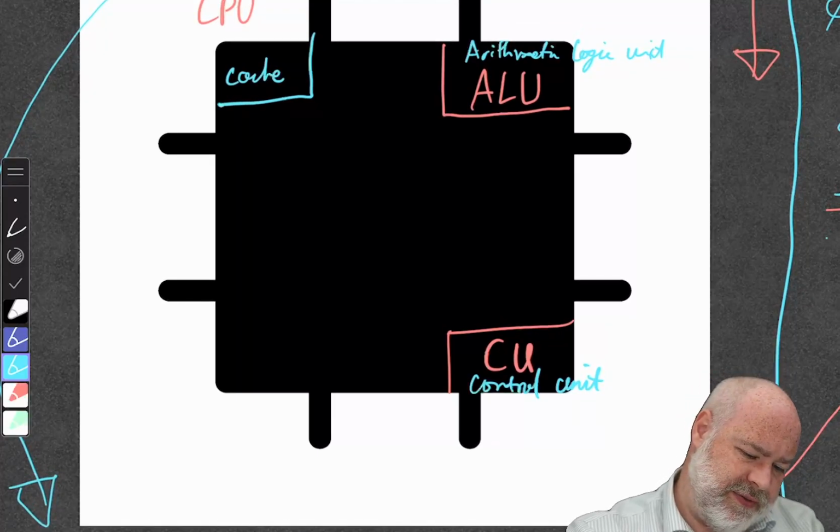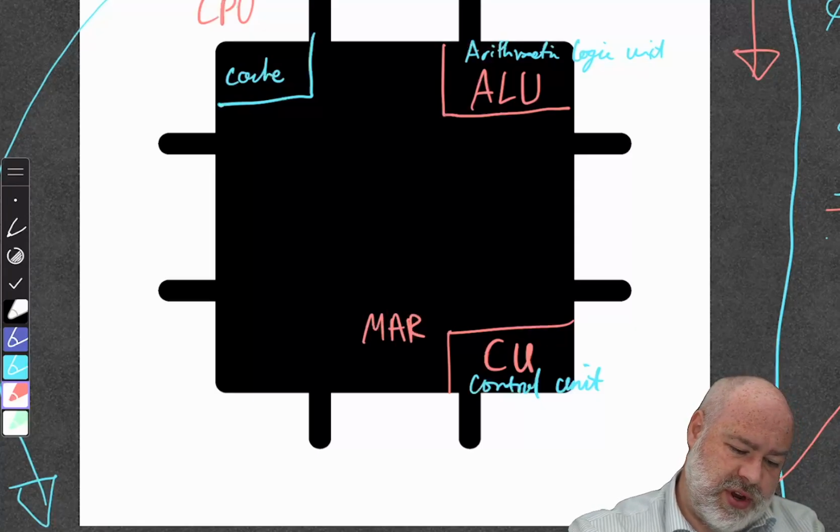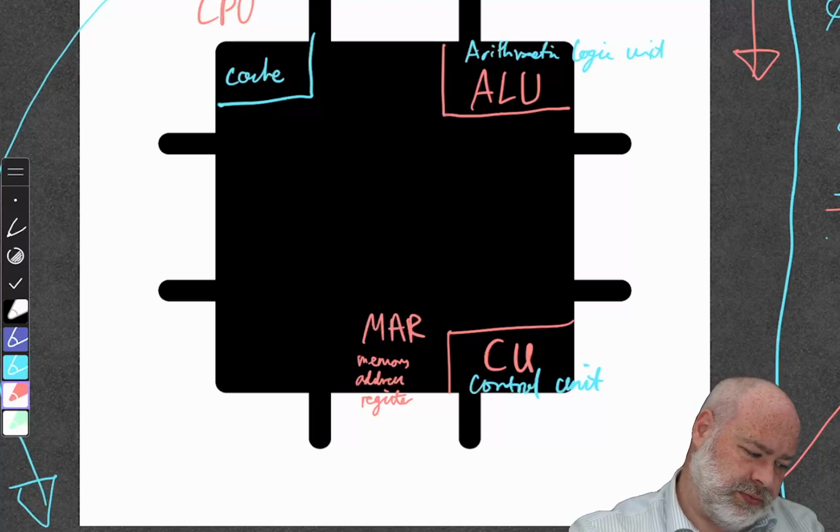So we'll have what we call an MAR, which is a memory address register. And it's a super fast acting bit of memory.